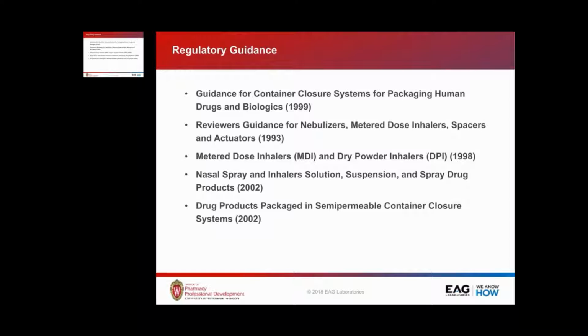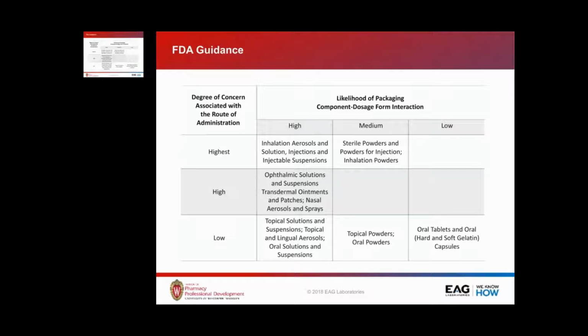One of the most helpful items from the guidances is this risk assessment table to help understand, from the FDA's point of view and realistically a safety concern, what's the risk associated with the product of potential leachables. So on the left-hand side, what we're looking at here is the degree of concern or risk associated with the route of administration. And this has to do with how the patient is taking it.